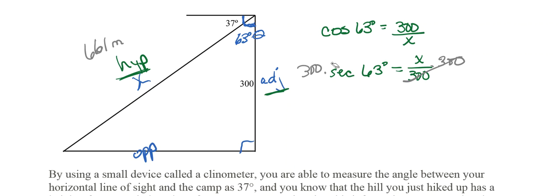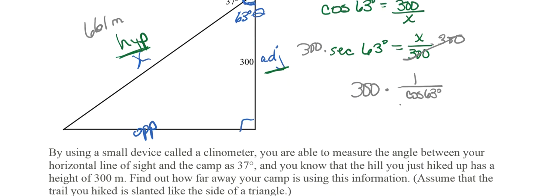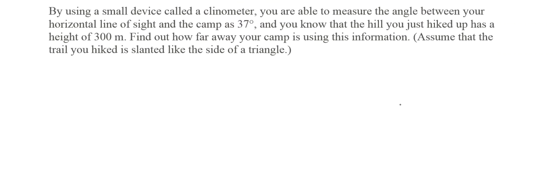Remember, you'll be doing cosine because that's the reciprocal. So what you're going to do is plug in 300 times 1 divided by cosine of 63 degrees. That way you're really doing the reciprocal of that. And you should still get the 661.